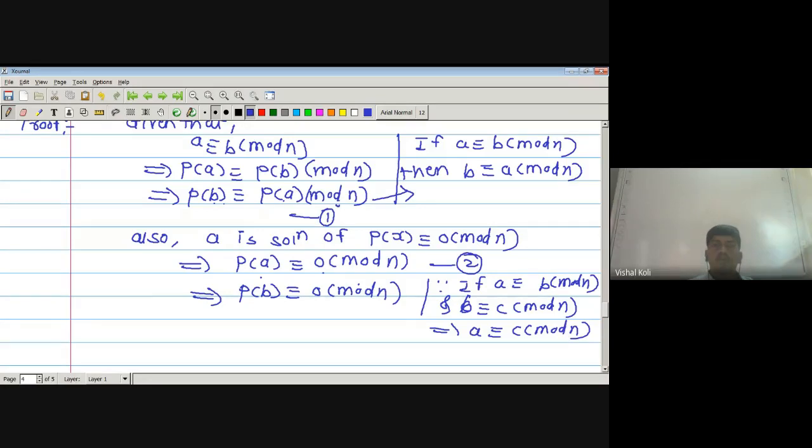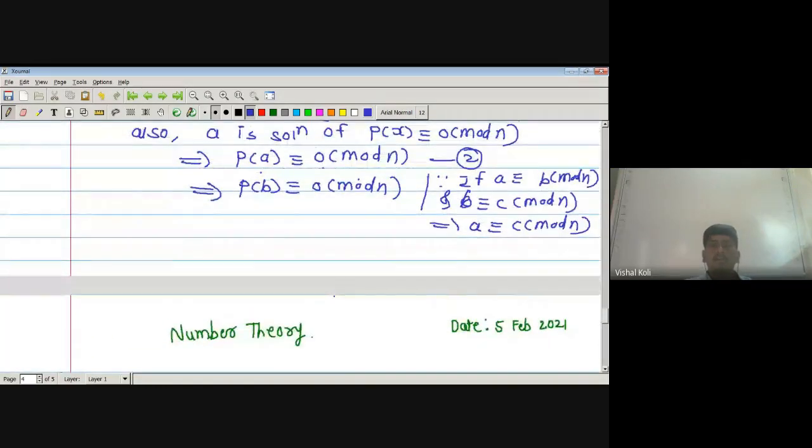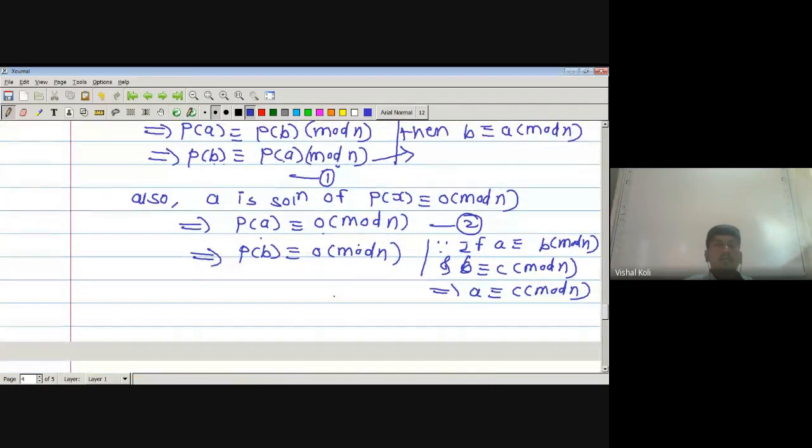Therefore, from equations 1 and 2, P of B is congruent to P of A modulo n, and P of A is congruent to 0 modulo n, which implies P of B is congruent to 0 modulo n. Then by the definition of solution of P of x congruent to 0 modulo n, we get B is a solution of P of x congruent to 0 modulo n, and which is the required result. Hence the proof.